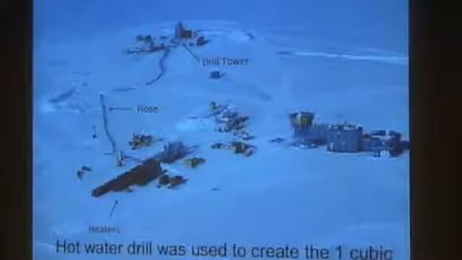So now what you've got is the warm water. And then people like me come along and put all our gizmos down into it to measure what's happening in the ice, and then we get out of there.